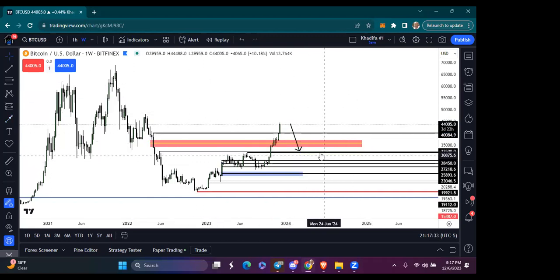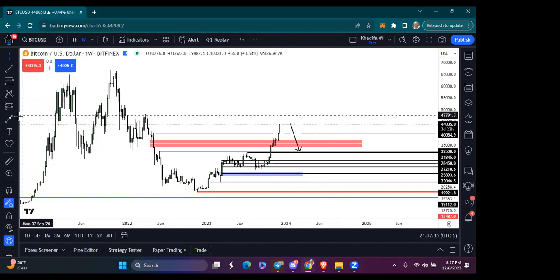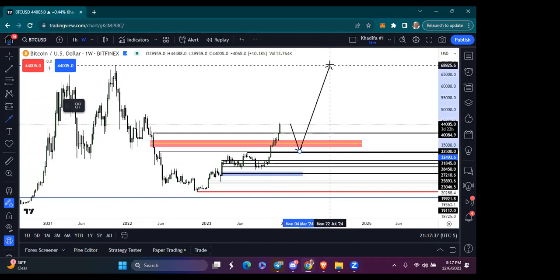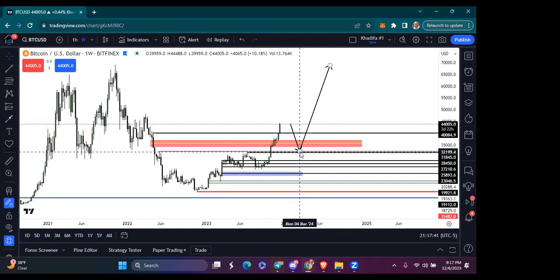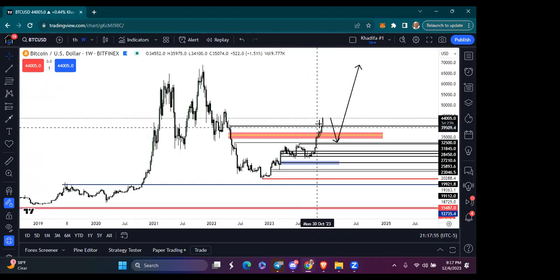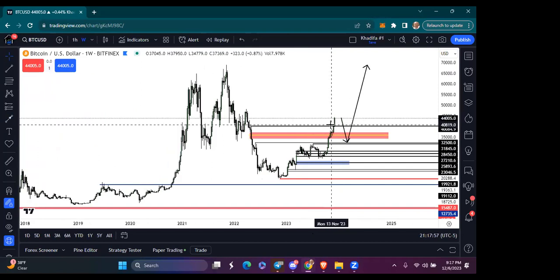to 32,000, and then that'll be your last opportunity if we drop that low to get into Bitcoin before the halving at the best price, in my opinion, right? And I think that once we have this pullback, we find support and we start getting closer to the halving date.